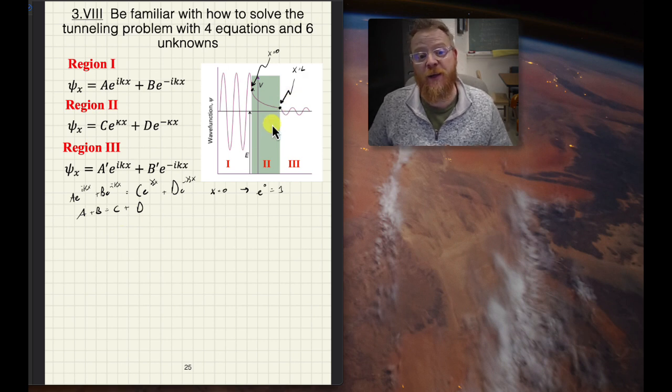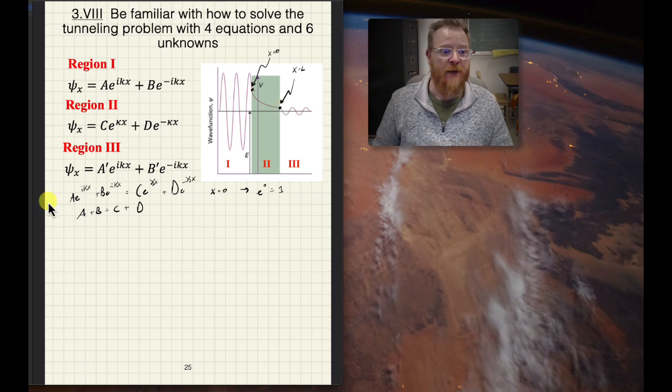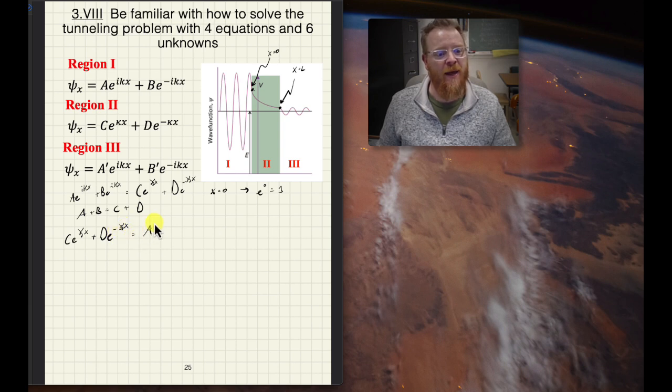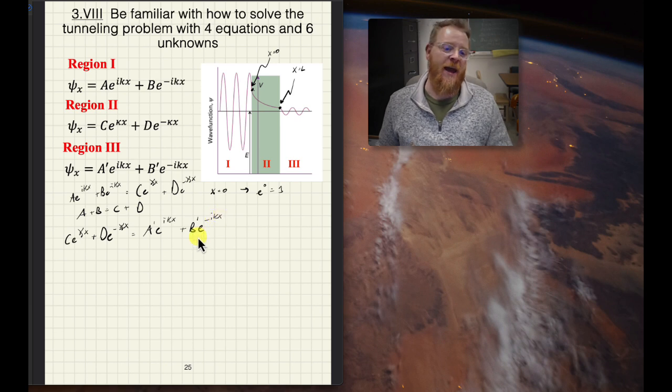Now, similarly, we know the value of the wave function in region 2 has to equal the value of the wave function in region 3. So let's set that up. We can say that C e^(κx) plus D e^(-κx) equals A' e^(ikx) plus B' e^(-ikx).